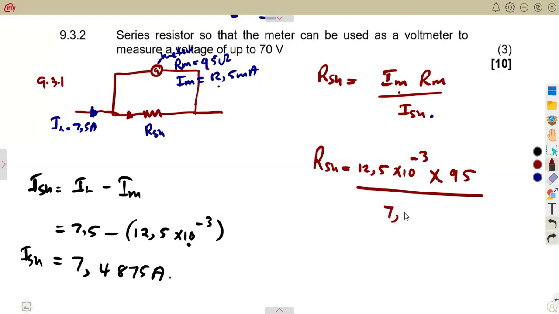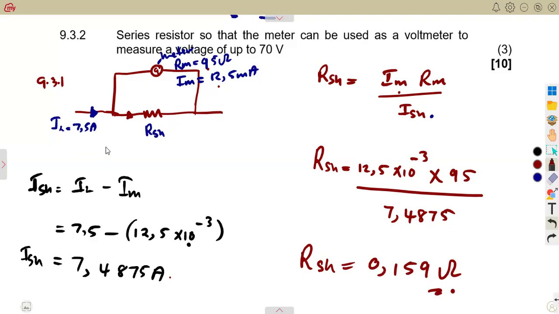So it's going to be 7,4875. So that was going to give us the resistance of the shunt, which was going to be 0,159 ohms.